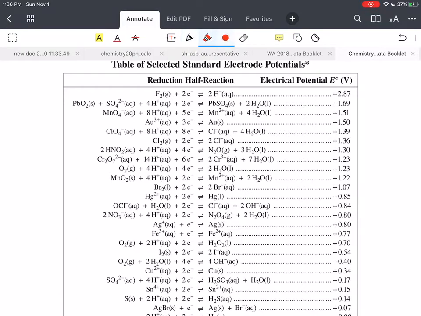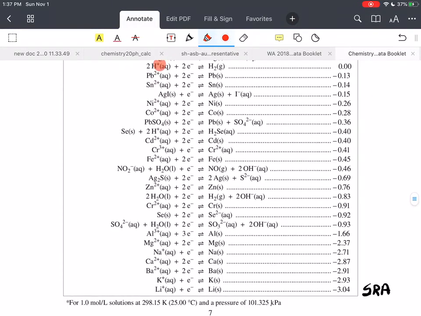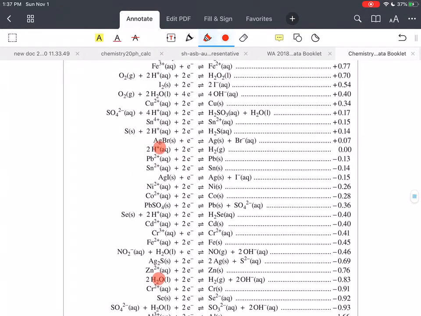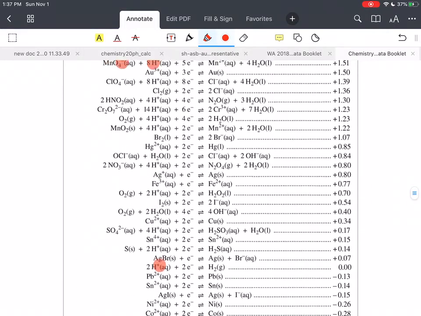Potassium permanganate right there. And it's acidified, so I've got hydrogen as well. I've got potassium ions, and I've got water on the oxidizing agent side. And I've got chromium 2+ as well. There it is. On the reducing agent side, I've got water.